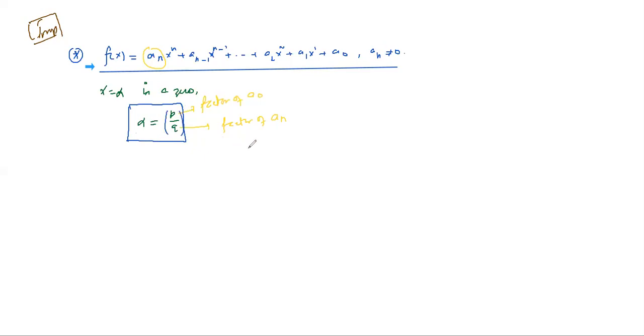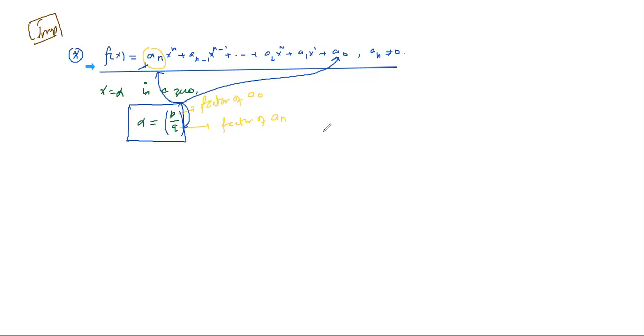That is also possible. But usually, if we get a zero, it will be of the form p by q, where q will be a factor of a n and p will be a factor of a naught. A naught means the constant term, and q is a factor of a n, that is, the coefficient of the highest power. So I'll be taking one example.